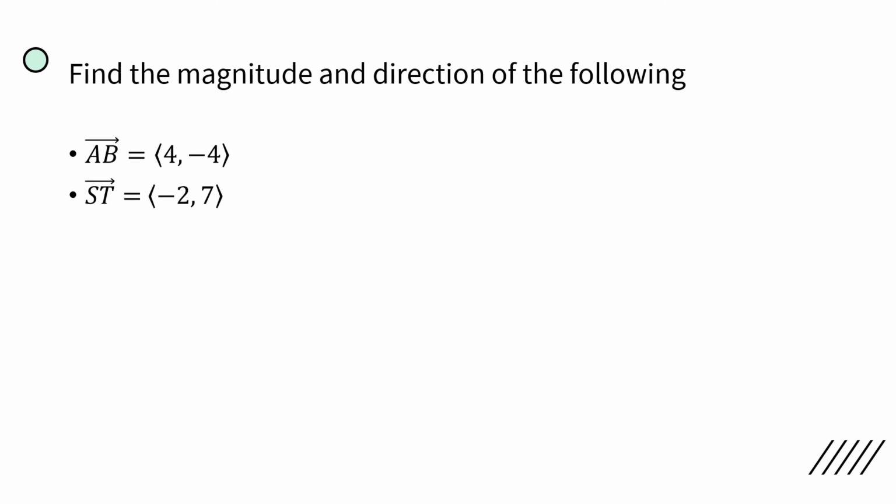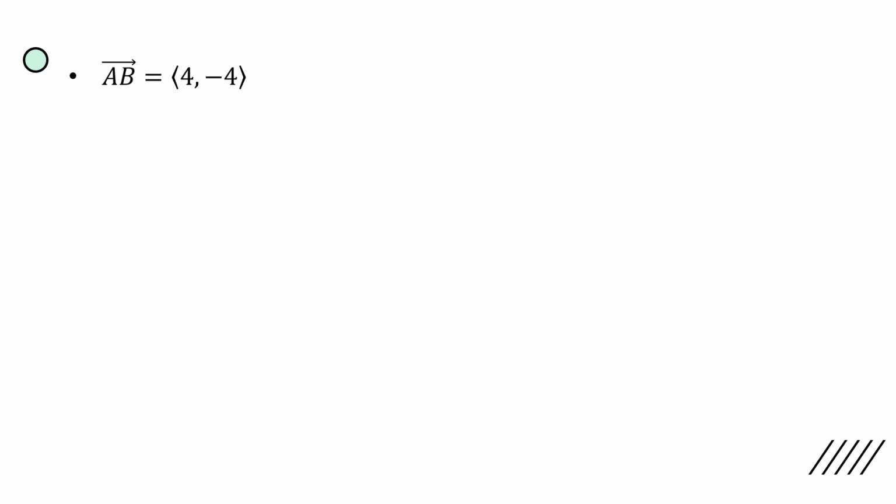Find the magnitude and direction of the following. I copied and pasted it on another page. So the magnitude for this is going to be the square root of 4 squared plus negative 4 squared.